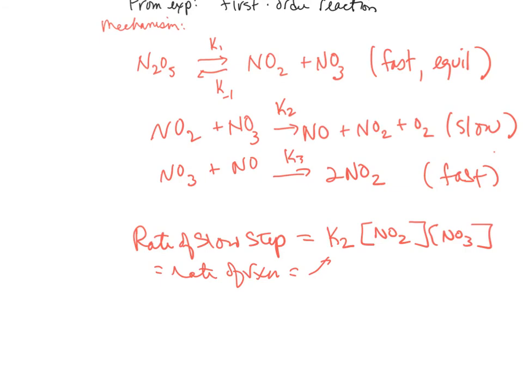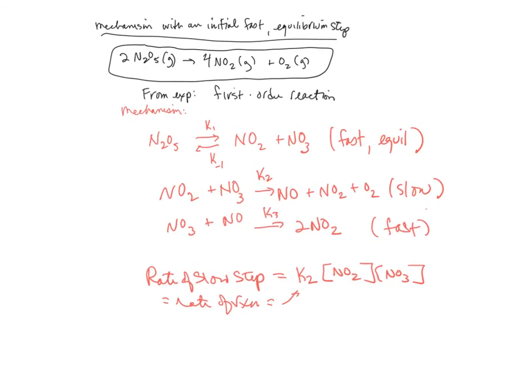So we know also that we have NO2 in our rate law, and we have NO2 here, but we do not have NO3, which is in the slow step rate law. That is not part of this overall reaction. So that's what's wrong here. The NO3 is not in the overall. So we have to use more information from equilibrium.